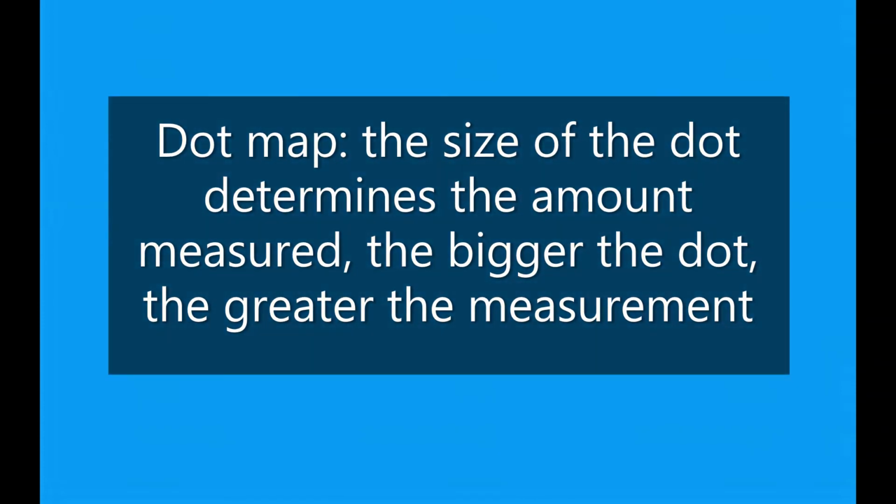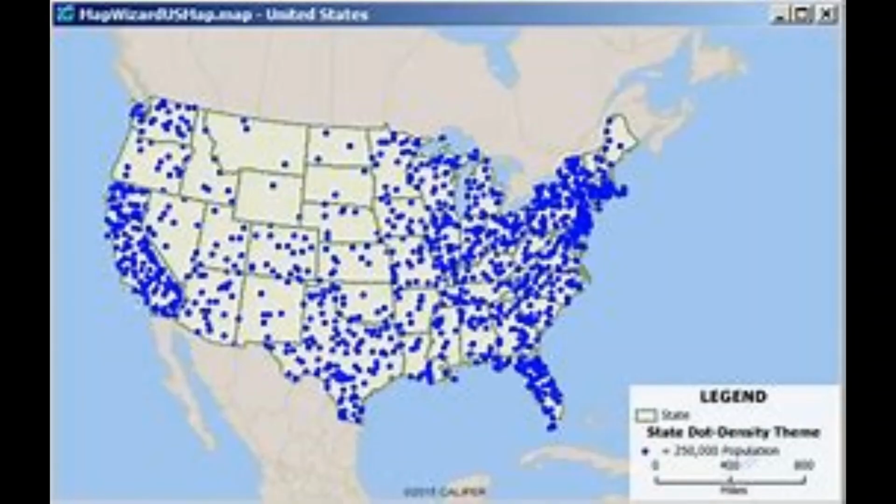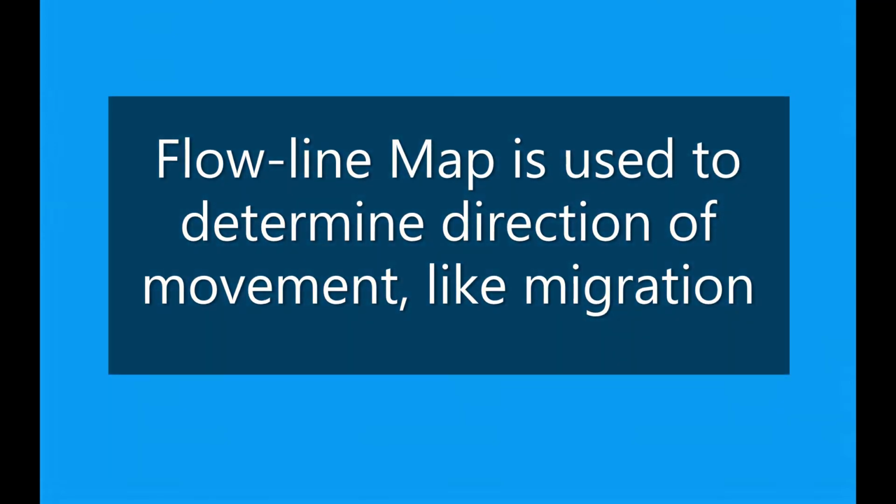Dot map. The size of the dot determines the amounts measured. The bigger the dot, the greater the measurement. Flowline map is used to determine direction of movement like migration.